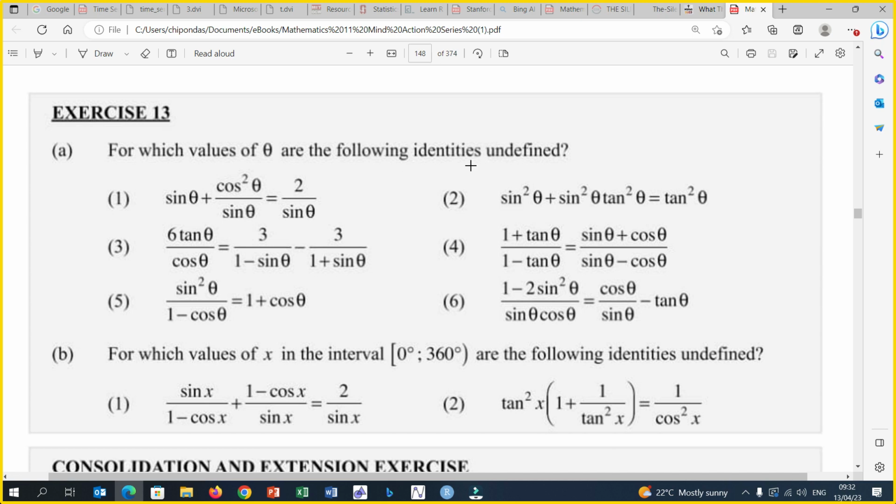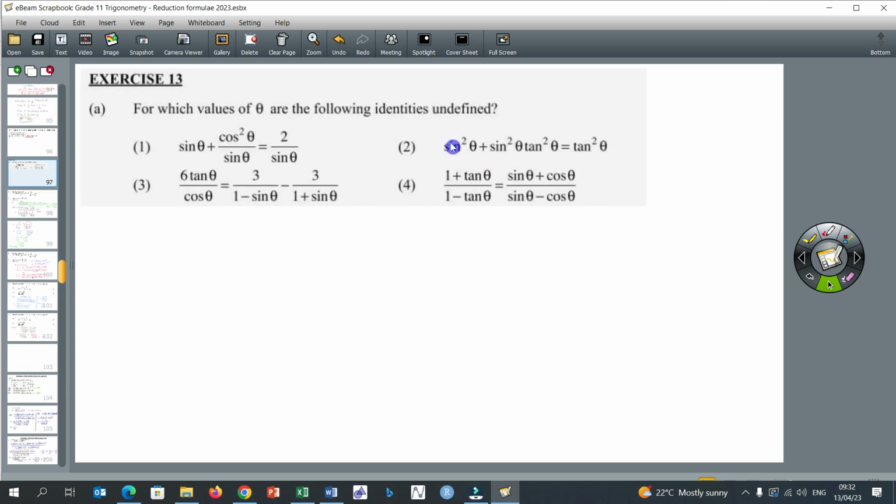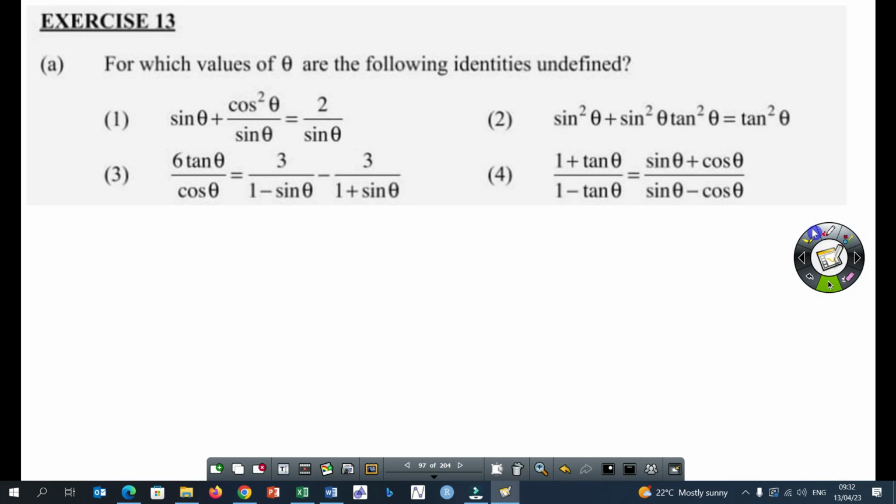It says, for which values of theta are the following identities undefined? So let's start with A1.